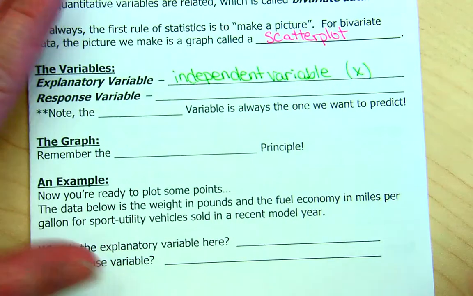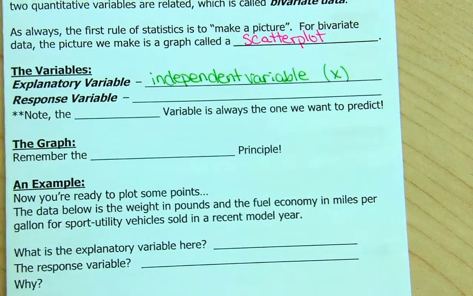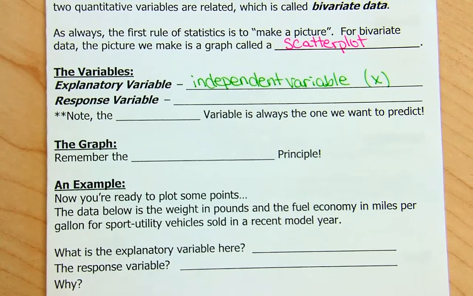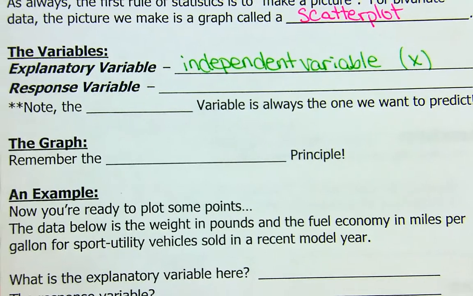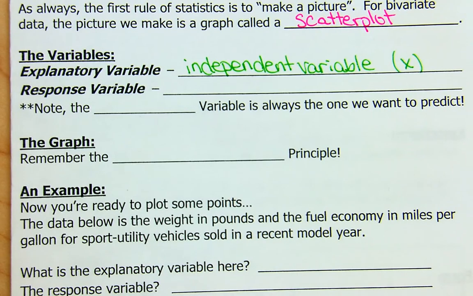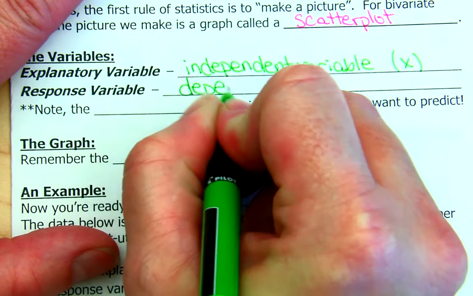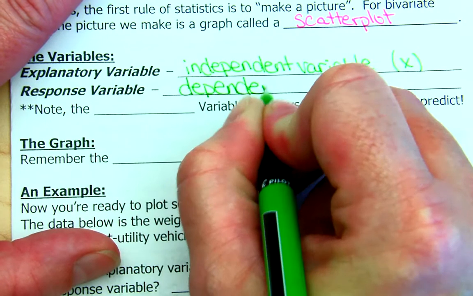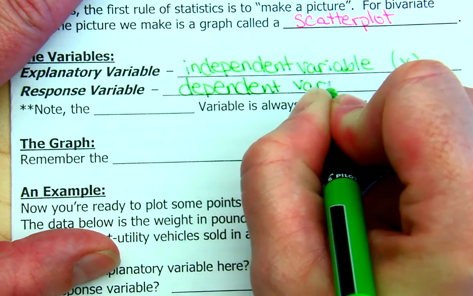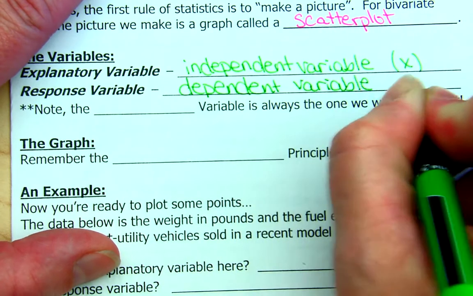And typically we think of that as the x variable. If you think of it in terms of x and y, it's the x. The response variable is the dependent variable, or the y.